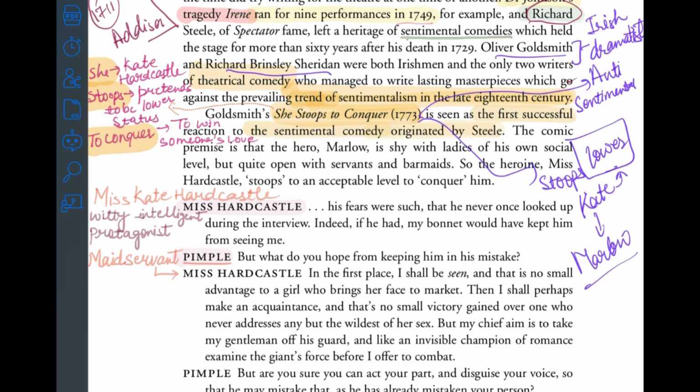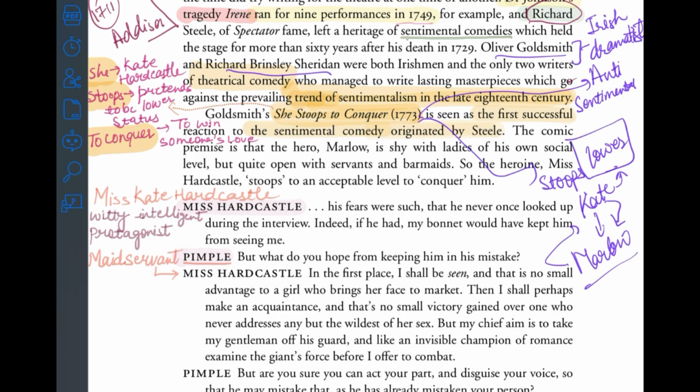Marlowe is shy with high class women but comfortable with lower status women. So Kate, a girl of lower social position, eventually conquers his love. She conquers Marlowe's love. That's why it is known as She Stoops to Conquer. The whole title revolves around this successful and real comedy, a turning point in the history of English drama.